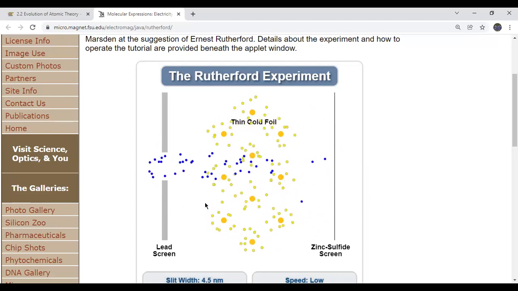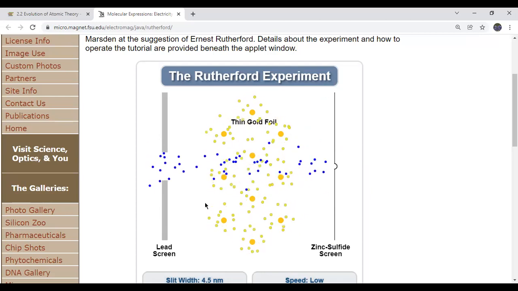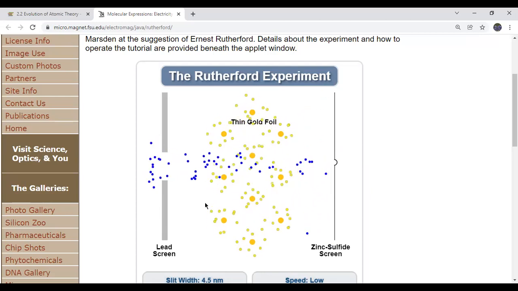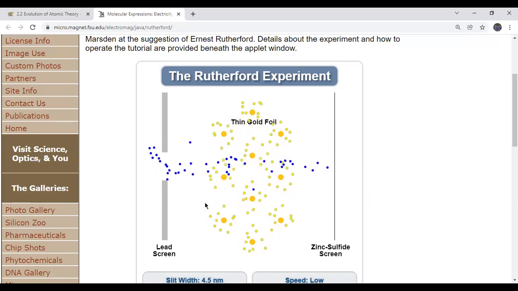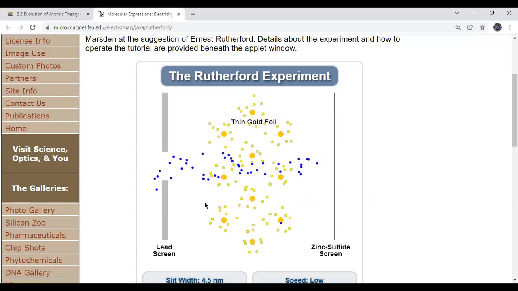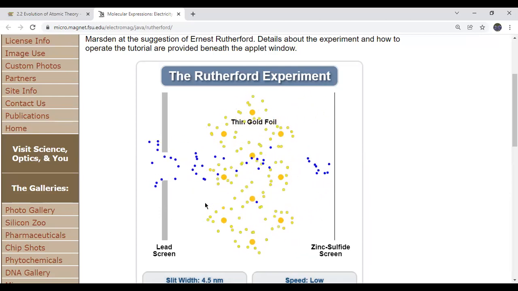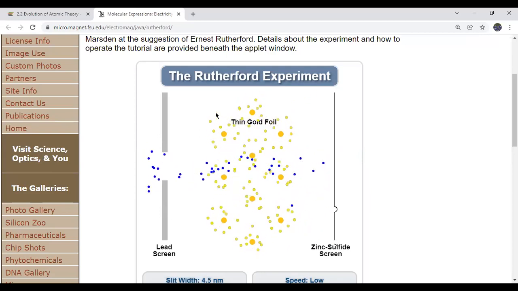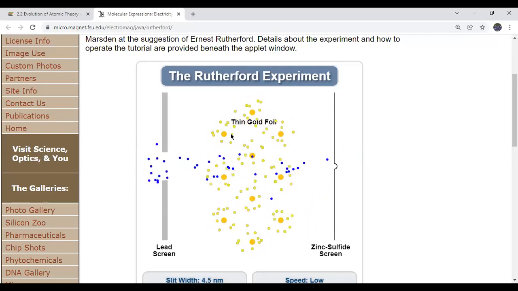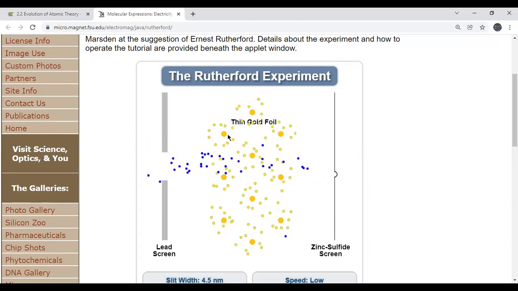And so what Rutherford determined based on this gold foil experiment is that only the alpha particles that struck the nucleus of the atom got deflected. Because if you notice, you see all these moving parts around the nucleus, these are the electrons around the nucleus.